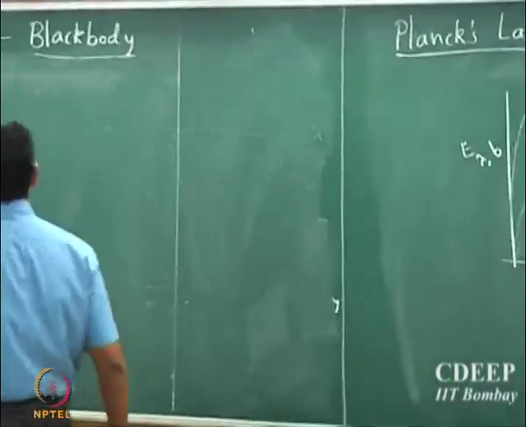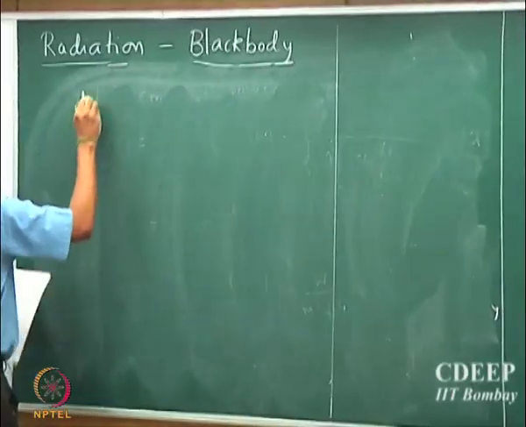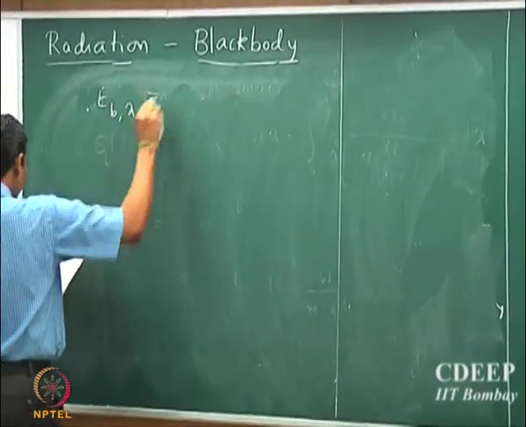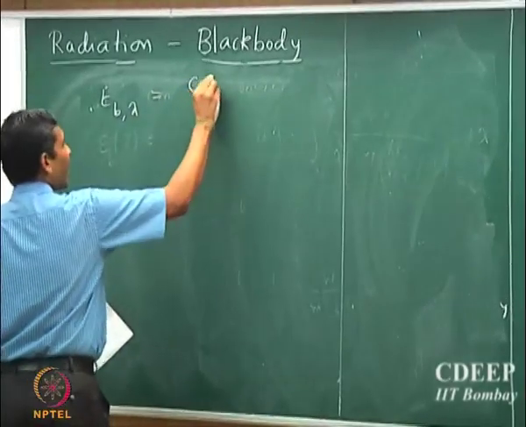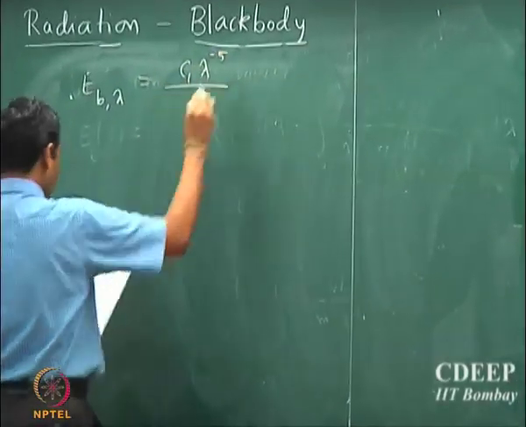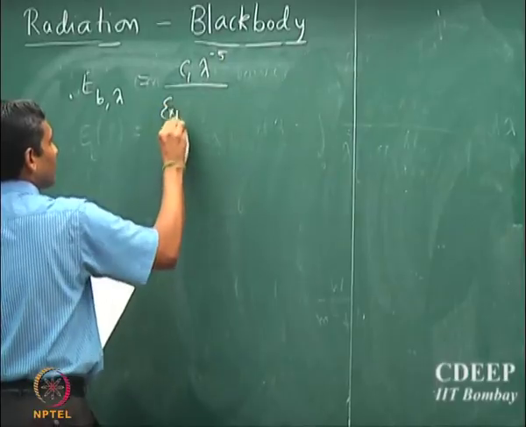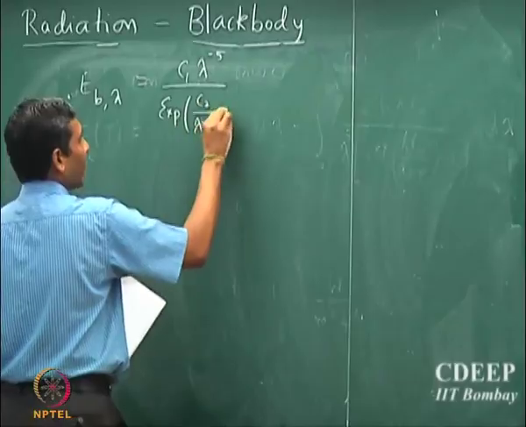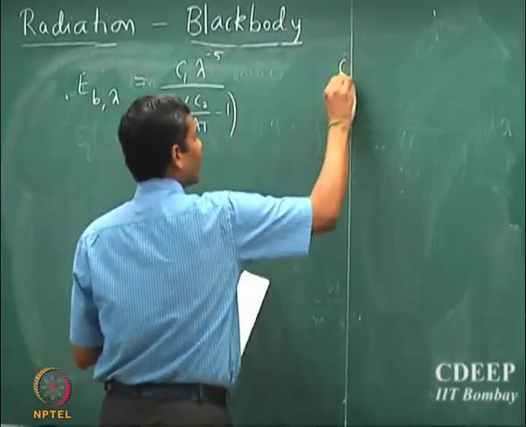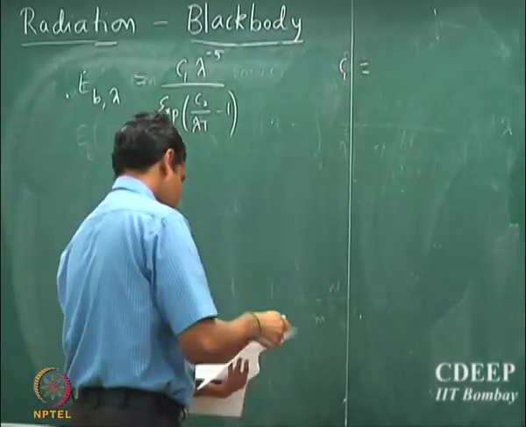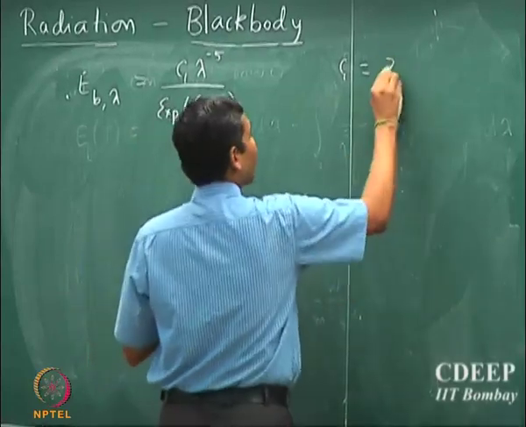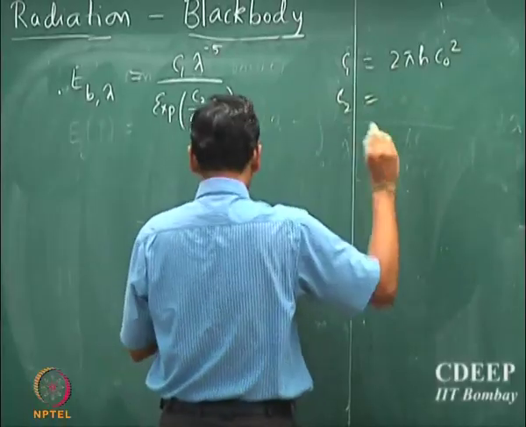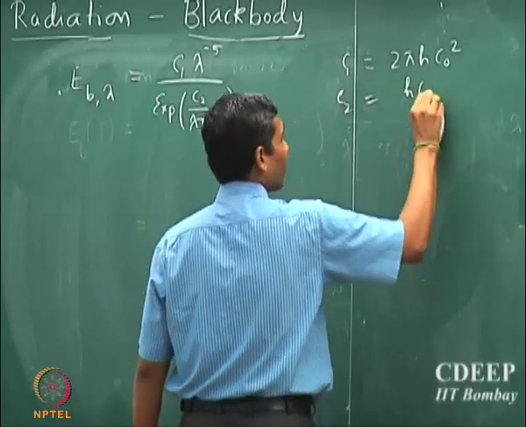So d by d lambda. The way to see this is to express EB in this form, C1 by lambda power 5 into exponential of C2 by lambda T minus 1, where C1 is 2 pi h C naught square and C2 is h C naught by k.